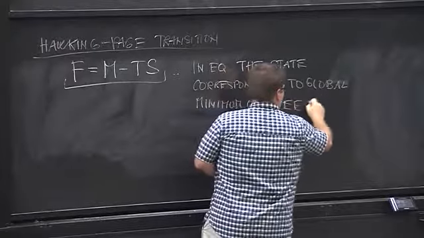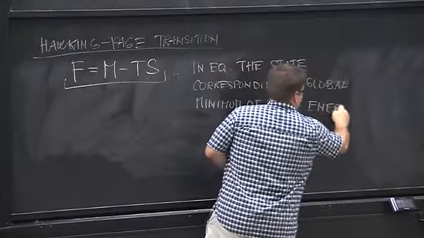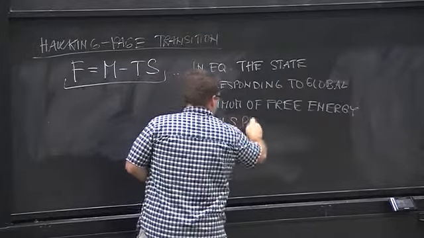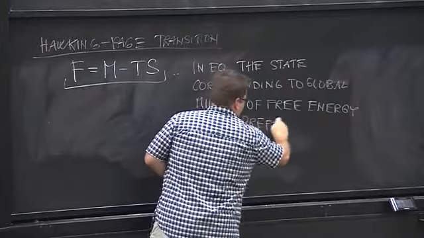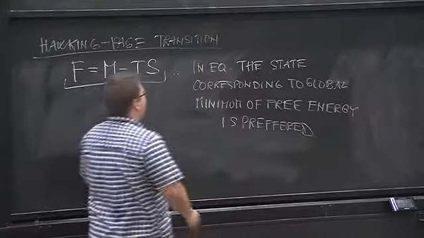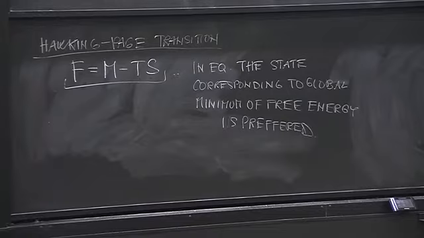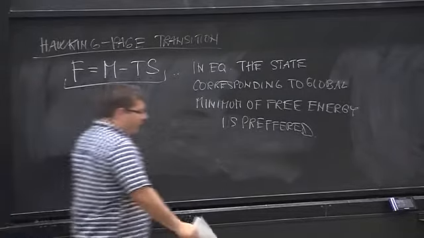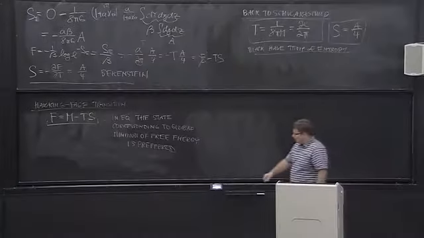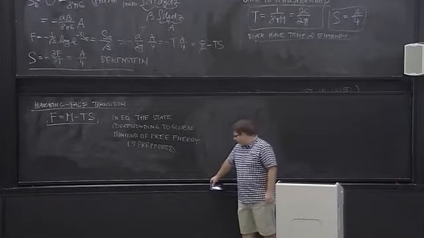Free energy is preferred thermodynamically. So if you find the free energy, the states which correspond to the global minimum of this free energy are the ones which happen in equilibrium.